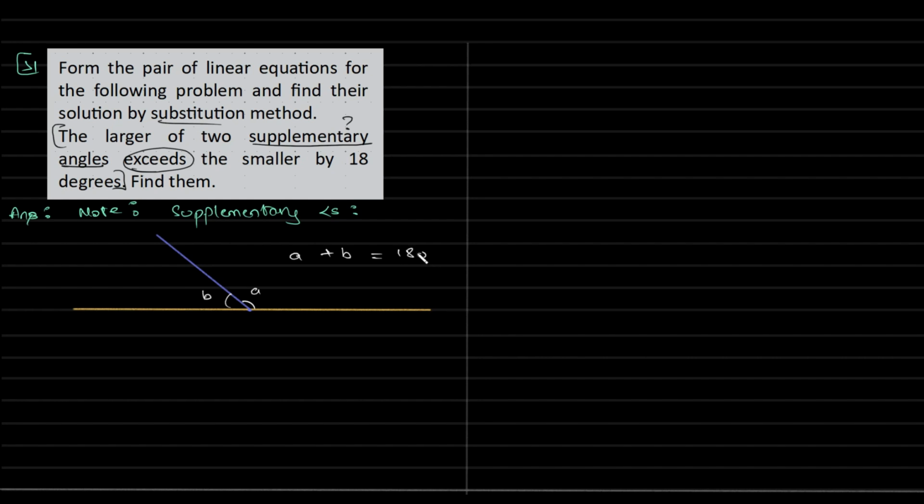It is equal to 180 degrees, as this is a straight line. So this is true. Now, the next question is, where is the second equation? Well, we see the word exceed. Larger exceeds the smaller by 18. And that's your second equation.